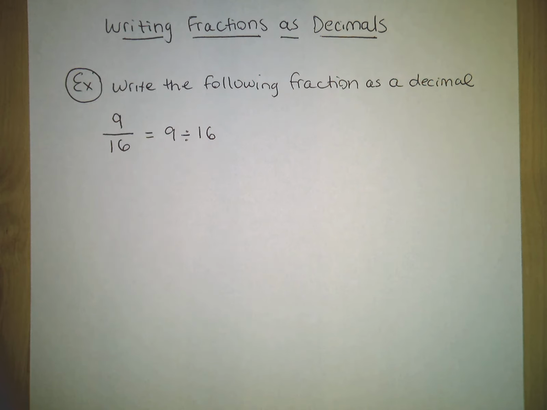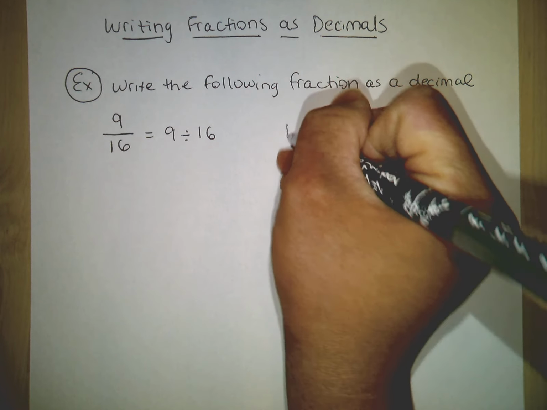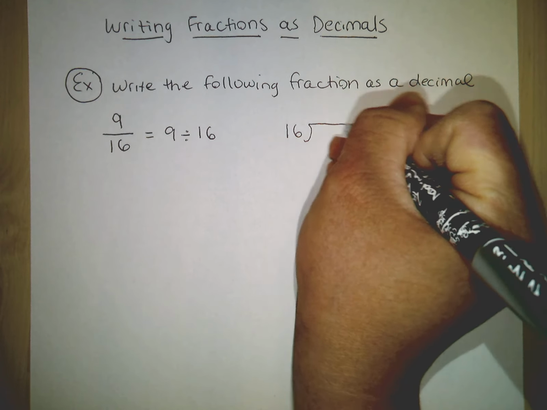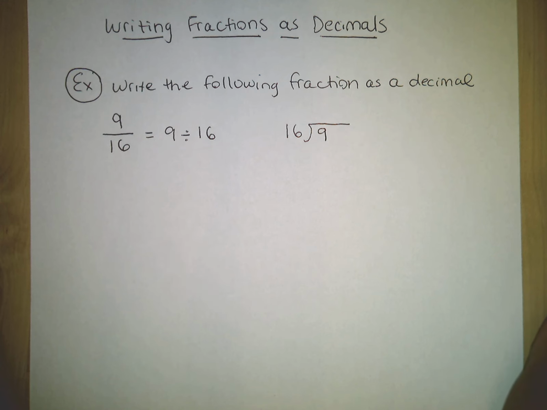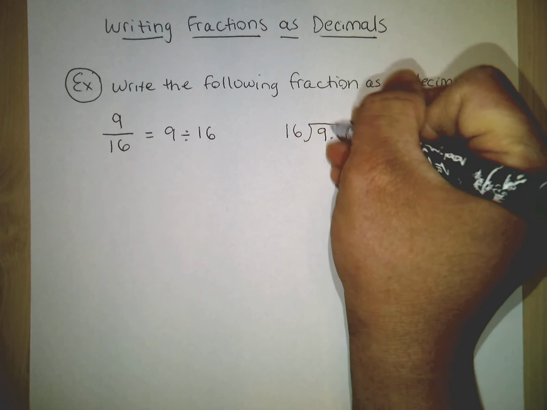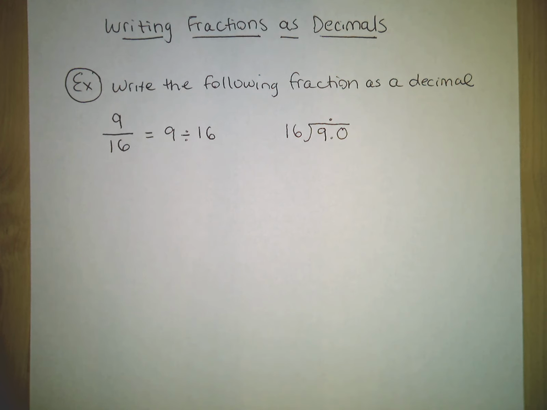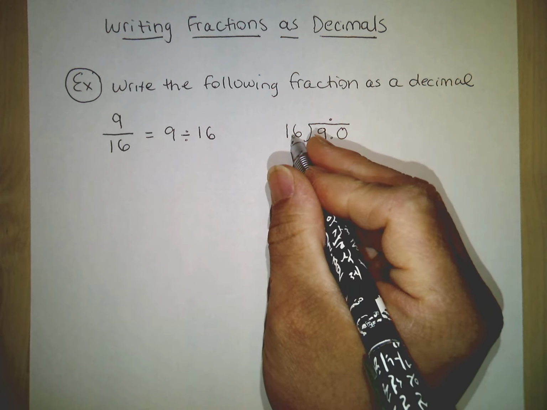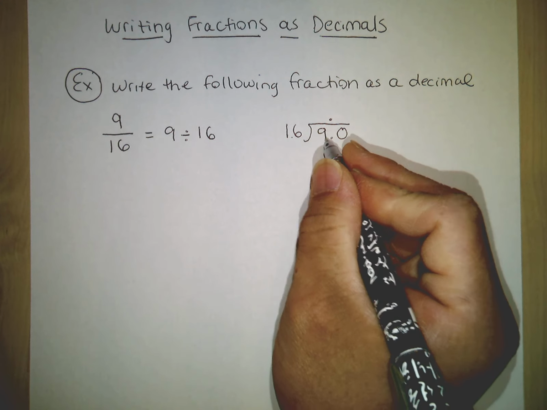So this is asking how many times does 16 go into 9? I know that it's less than 1 time, so I'm going to make this 9.0 and put my decimal point here, and then think about how many times does 16 go into 90?